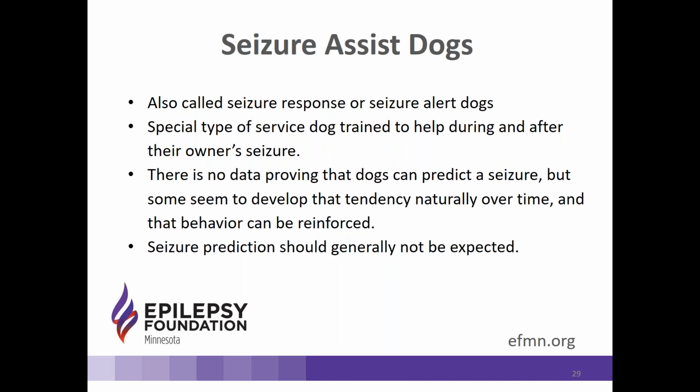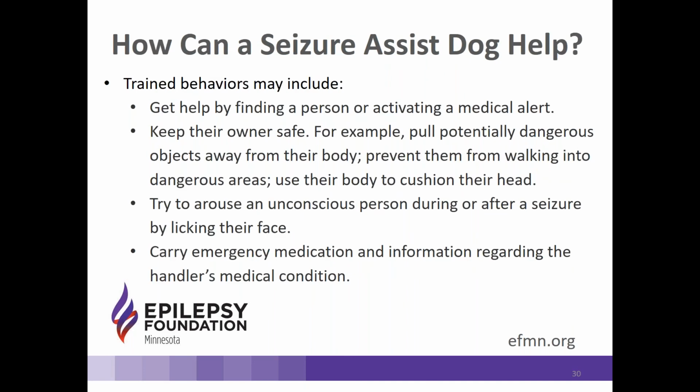They basically feel that it would be almost impossible to train that behavior and might even be unethical, because in order to train a dog to predict seizures, you have to expose them to a lot of seizures. And it's not very ethical to ask an owner to deliberately induce a seizure by not taking their medication or whatever means, so that the dog can be trained to pick up any signals that might indicate it would happen. So again, not something that you should count on.